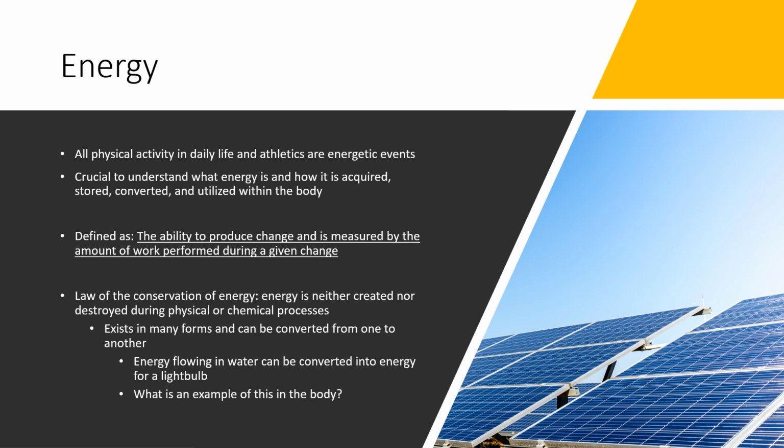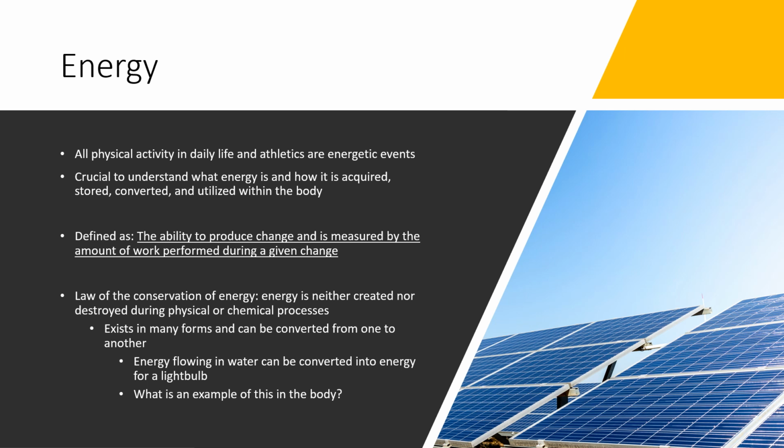An example of this in the body is going to be when energy is obtained from energy-containing nutrients in food. So when we eat food, we eat the nutrients that come with that food. We then convert the nutrients to potential energy via metabolism and different metabolic processes, and we store that as our potential energy within our tissues.